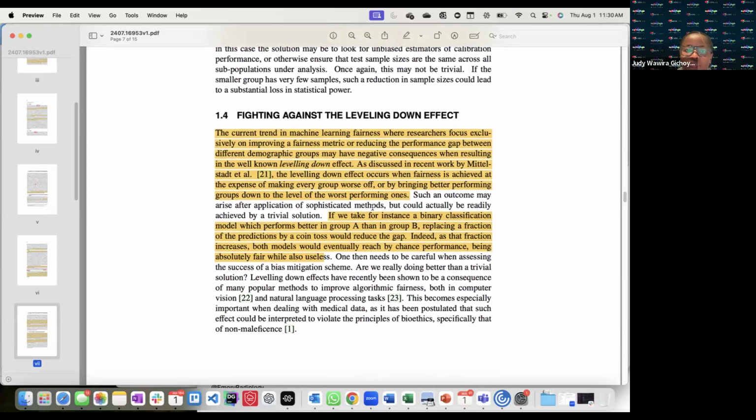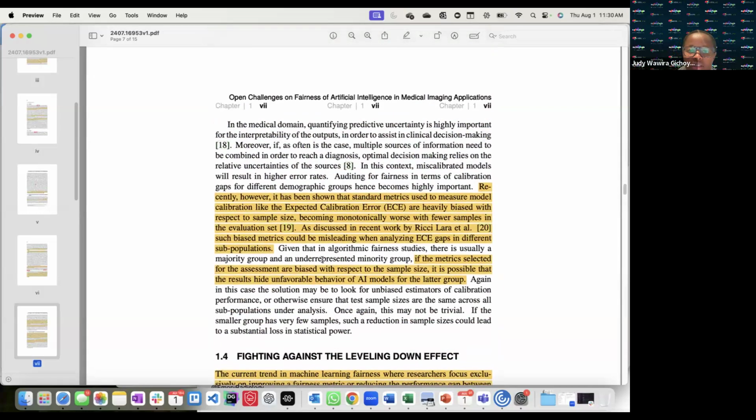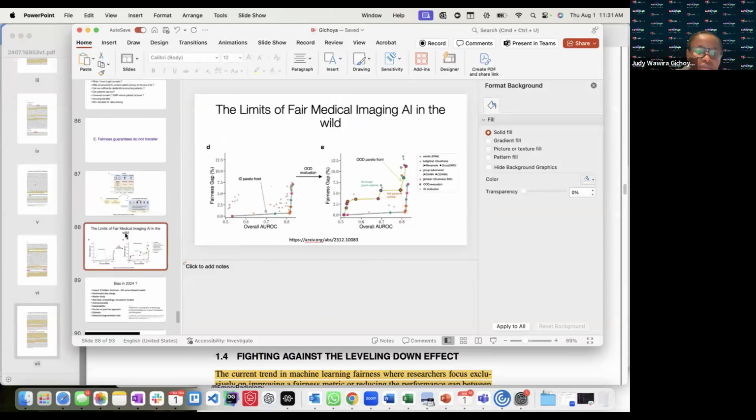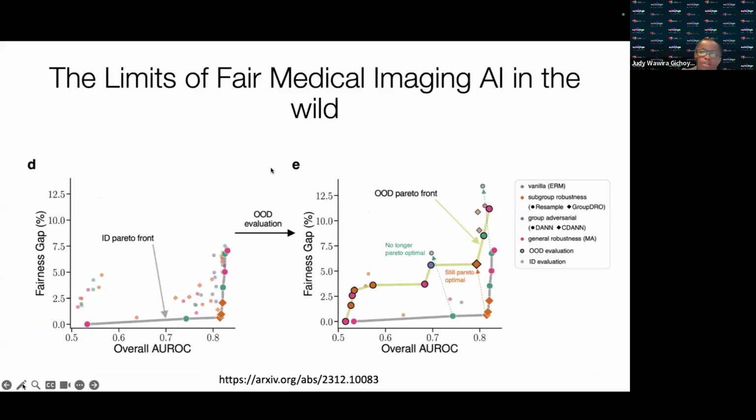So alongside the performance, there's this leveling down effect. Something important around this work is the recent work we published with Mazia, which is the demographic limits of AI in the world. This one is now in Nature Medicine.